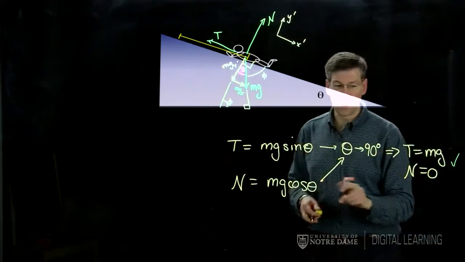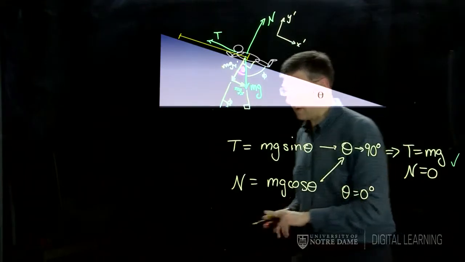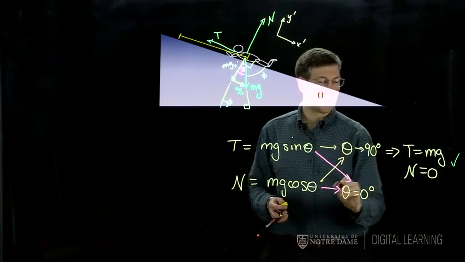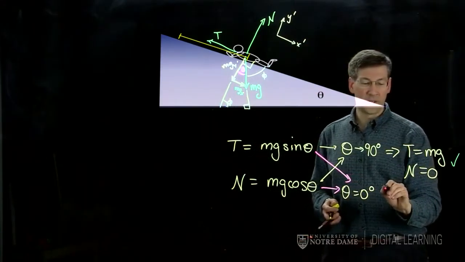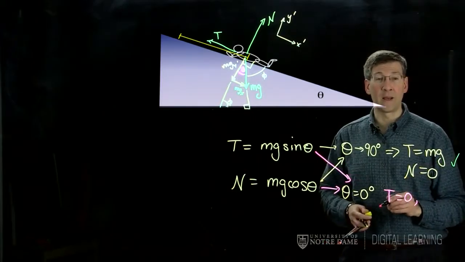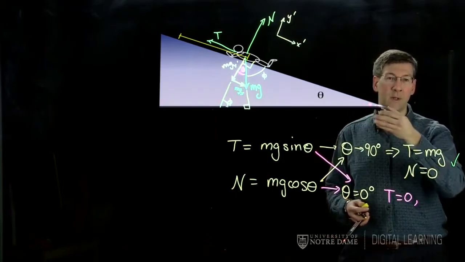Now what happens if theta goes to 0 degrees? So that's a different cross-check. And so here, for theta going to 0 degrees, I would have that the tension goes to 0. Well, that makes sense because the climber isn't hanging anymore. So there's no force necessary to keep the climber from sliding down the slope.